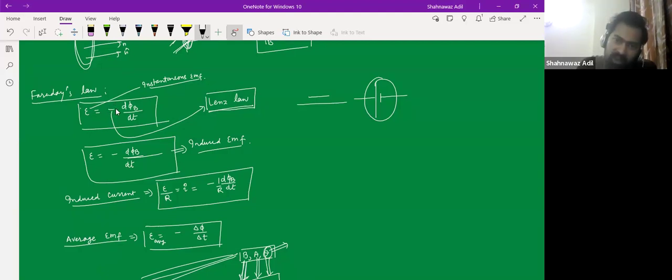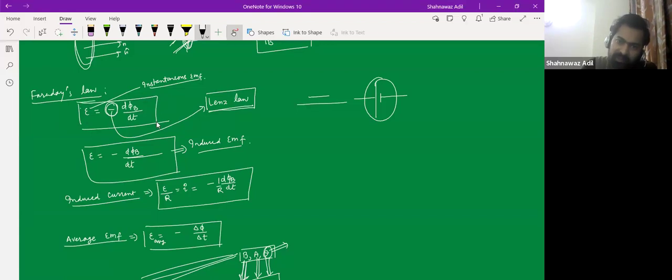This minus sign represents the opposition to the change of flux, by whatever means it is happening. If it is changing by changing the magnetic field, this minus sign will try to create another current, which will create another magnetic field which will try to oppose the change. So this is how Lenz's law works, right? It will try to oppose the change.